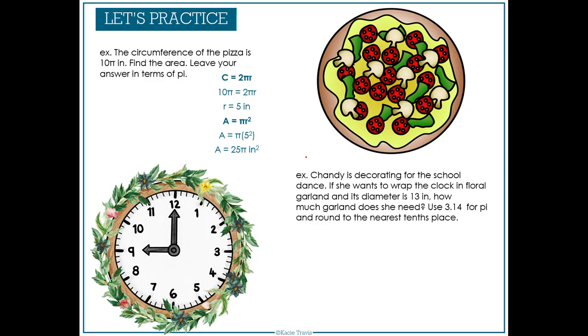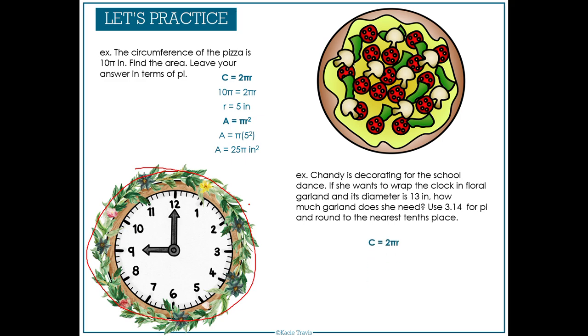So if we want to figure out how much she needs to wrap around the clock, we're talking about all this on the edge. So that is our circumference. So we're going to be calculating circumference here.